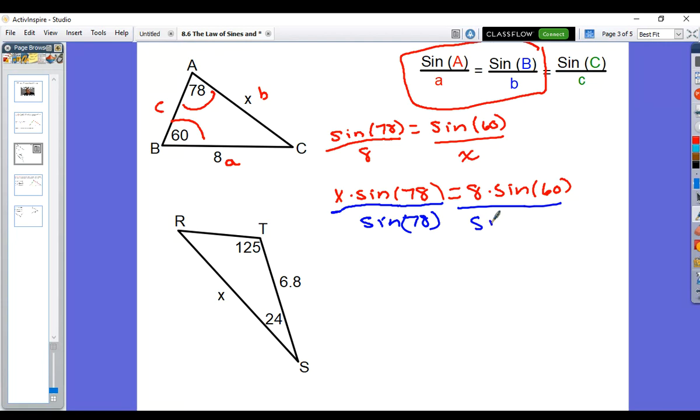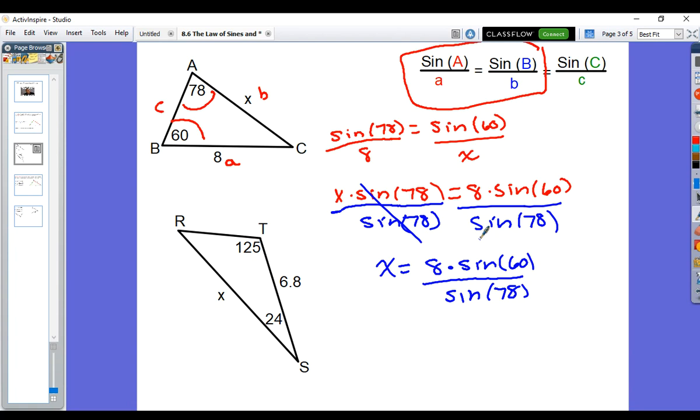That means the value of x is equal to 8 times sine of 60 over sine of 78. You'll need a calculator, because come test time, which is coming up soon, you will need an actual calculator, not your cell phone.